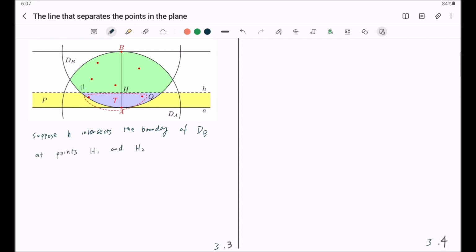So this is H1 here, this is H2. Then we can give a length estimate for H1 and H2.